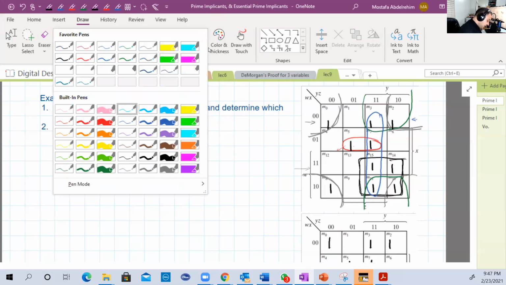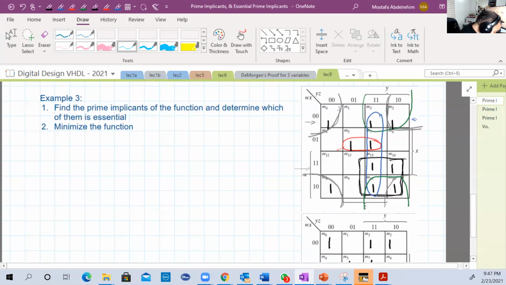Then let's look for the essential ones first. Let's start with the gray prime implicant. These two ones in the first column only belong to one group, which is the gray group. So the gray is an essential prime implicant. What is it?